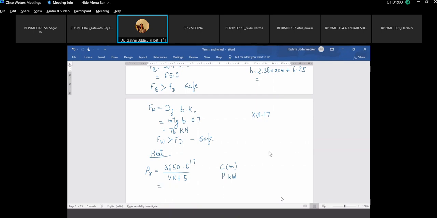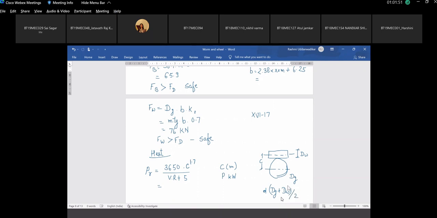How do you find C? If this is the worm with its diameter as dW, and this is the gear with dg, then the center distance is dg plus dw by 2.